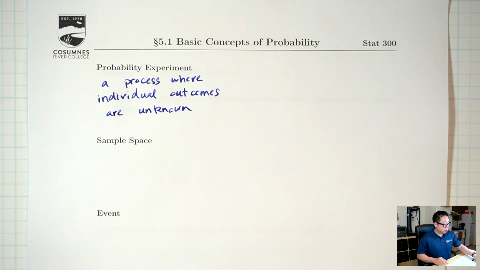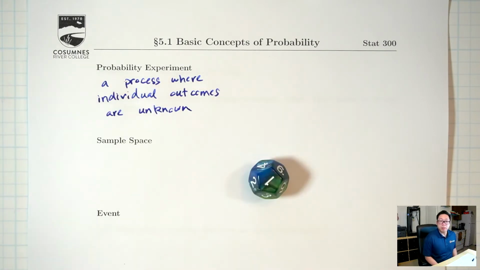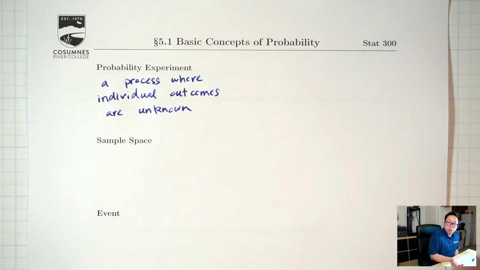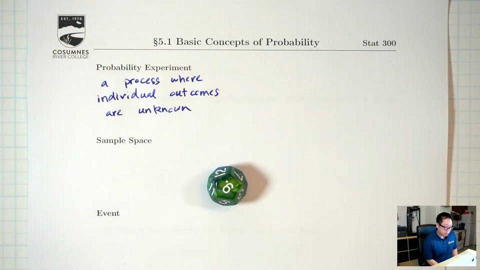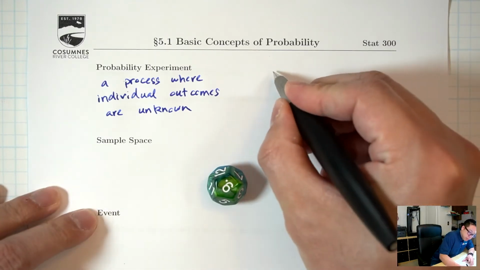Okay, so for example, this is a dice. It's a 12-sided dice. So when I roll this dice, I don't know what's going to happen. We got a 9.